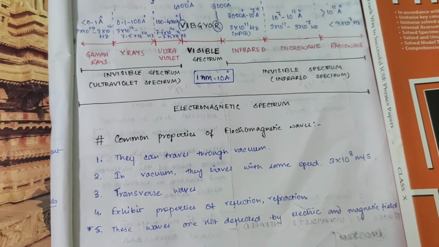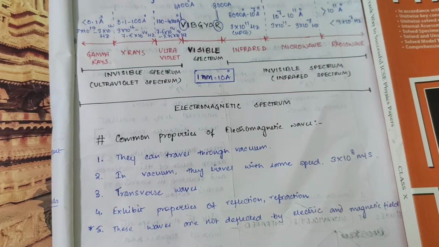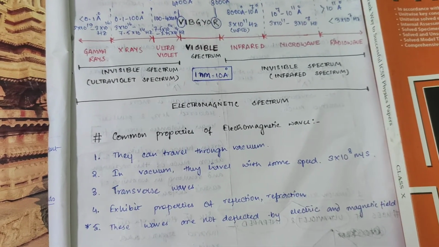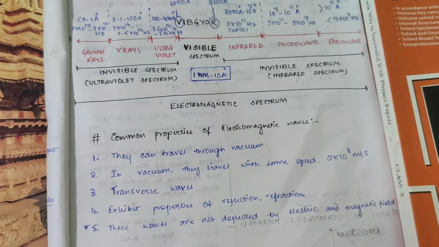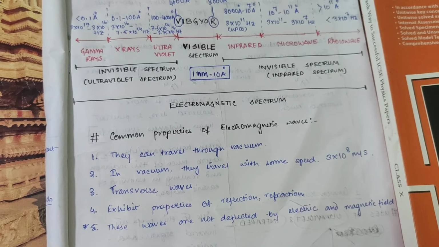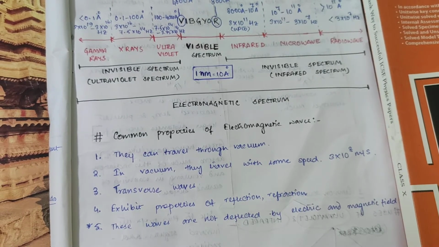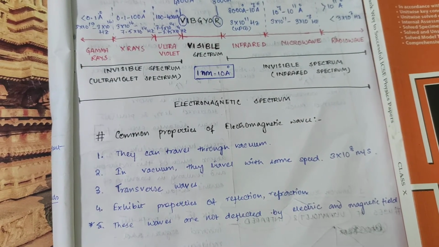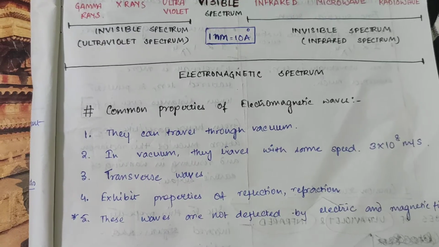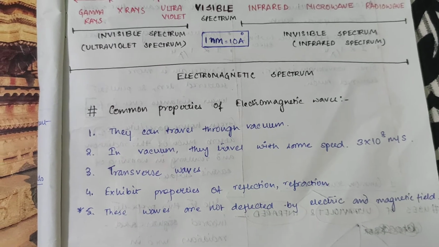You will learn this also in the electromagnetism chapter, that a charged particle is always deflected by electric and magnetic fields. That means these waves are not deflected because they are not carrying any charge. So as a whole, they are electrically neutral.